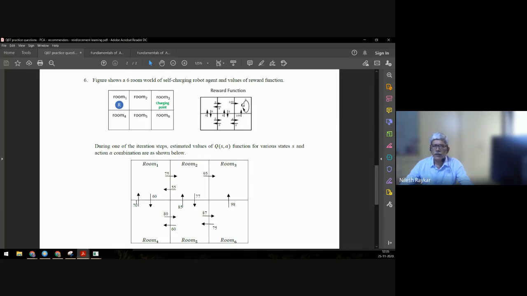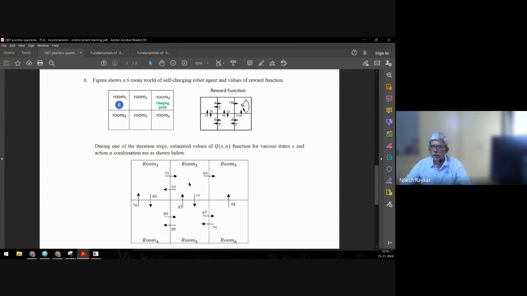The Q function is something which is allocated to every action. For example, from the state of room number 1 to the state of room number 2, the Q function is defined as 75 and so on. For every action, you will find that the Q function is defined, and there is a way to determine the value function from these Q function values, and a way to determine the policy from any state based on this Q function.